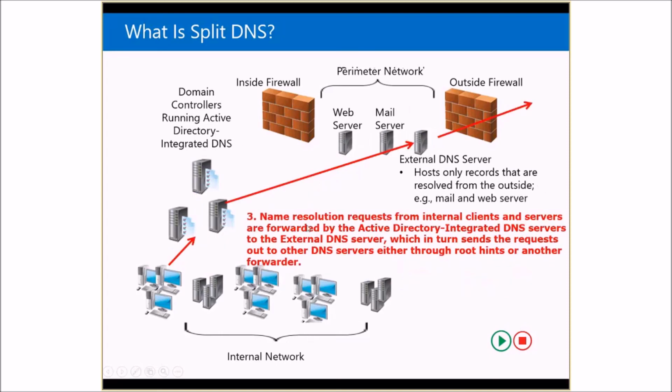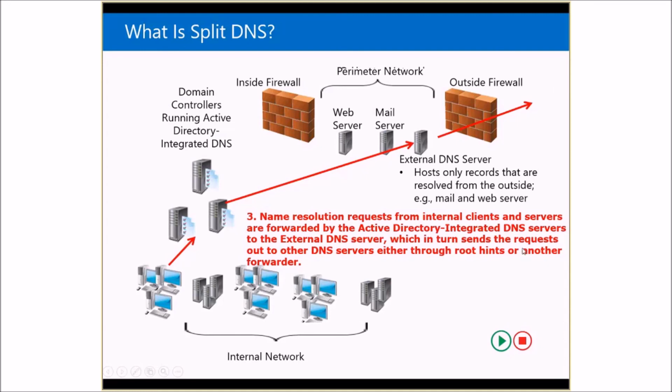If these clients want to query a resource which is outside on the internet, it will still send them to the DNS servers, but in this case, these DNS servers will then forward to the external DNS server, which will then use the root servers out on the internet to find the resource.